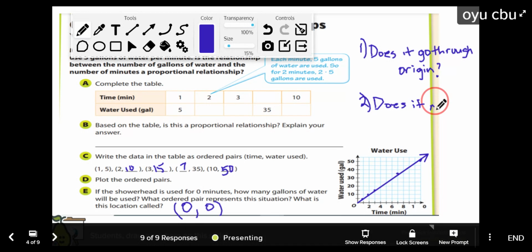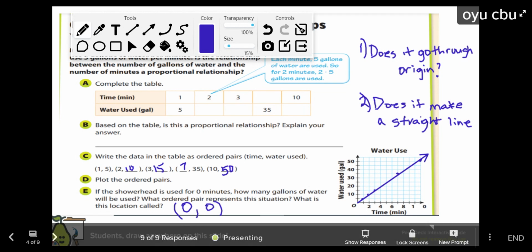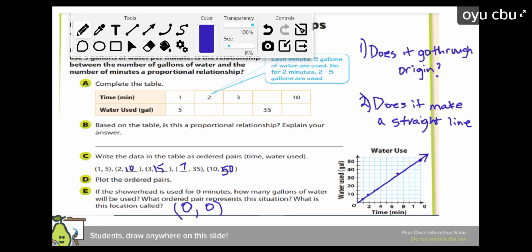If the answer to these is yes, then your graph is proportional. Does it make a straight line? Does it go through the origin? Those two questions are what you're going to be asking to decide if a graph is proportional or not.